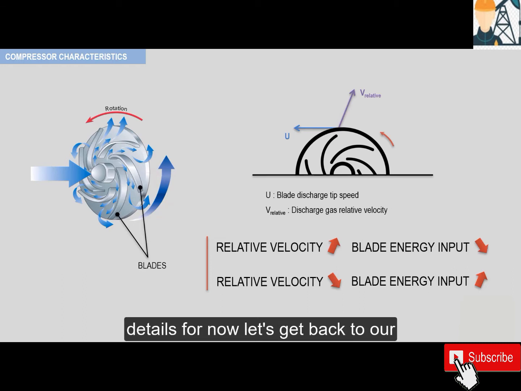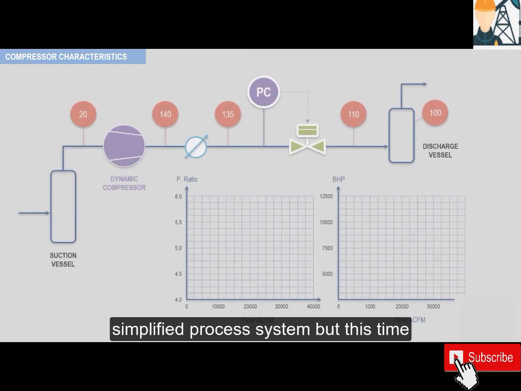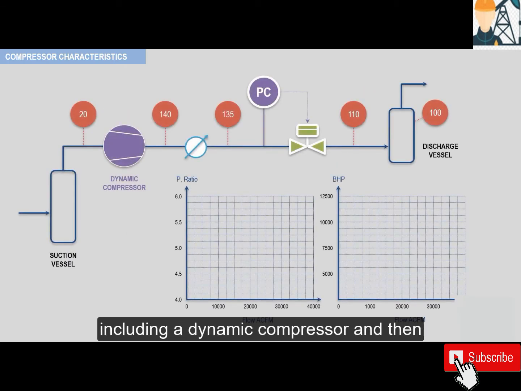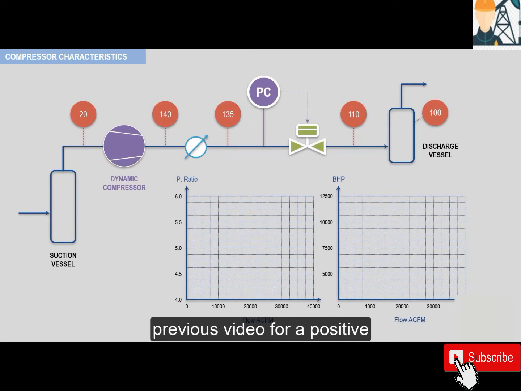For now, let's get back to our simplified process system, but this time including a dynamic compressor, and then apply the same methodology used in the previous video for a positive displacement compressor.